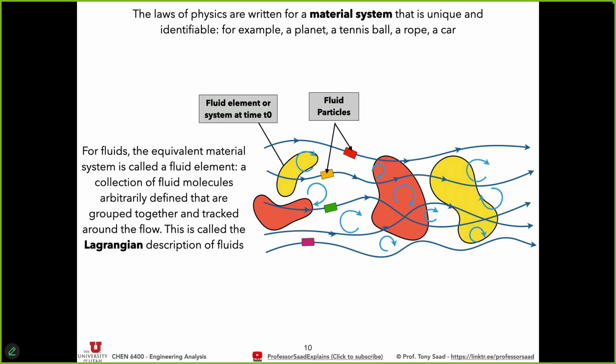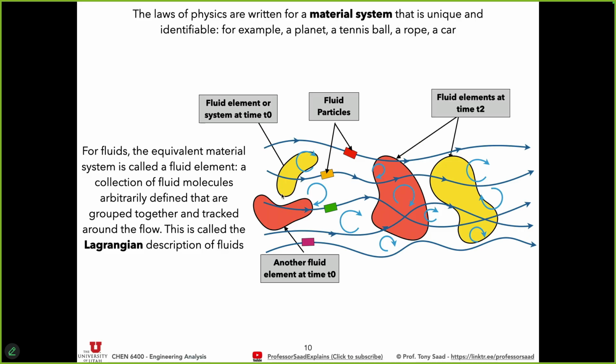So if these are fluid particles, then fluid elements, which is what we define for a fluid material system, are a collection of fluid particles. For example, this yellow fluid element is the fluid system at time 0. I arbitrarily chose those molecules and said, okay, I'm going to track those molecules together. And then this is another fluid element at time t0. But then as the fluid moves and changes, I need to continue tracking the yellow fluid element as well as the orange fluid element.